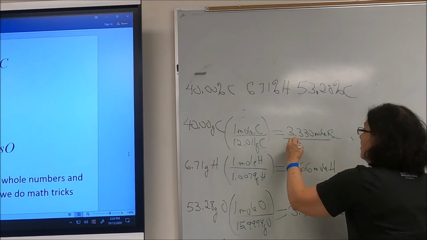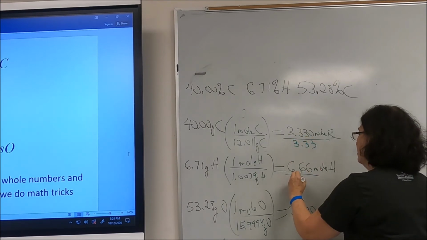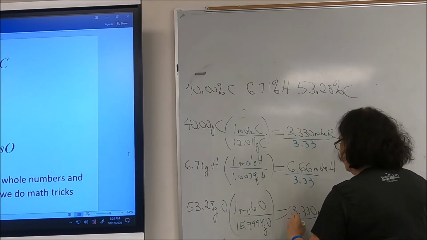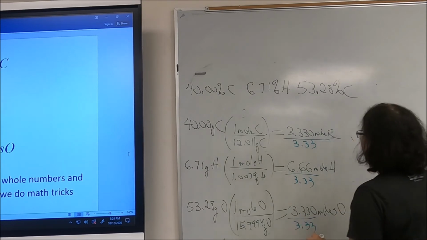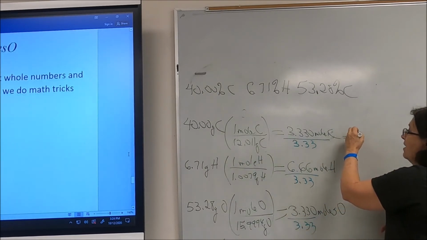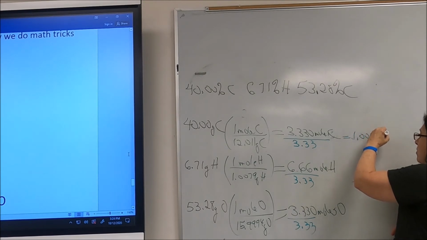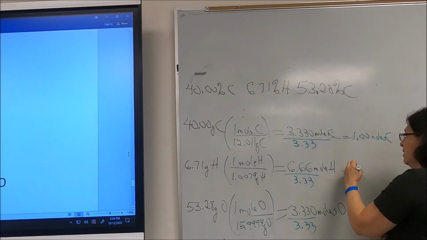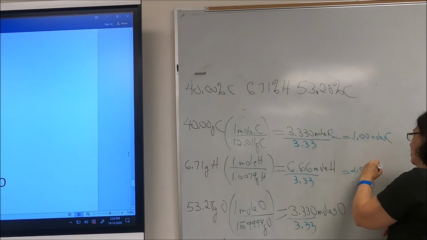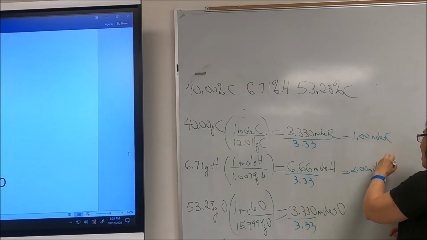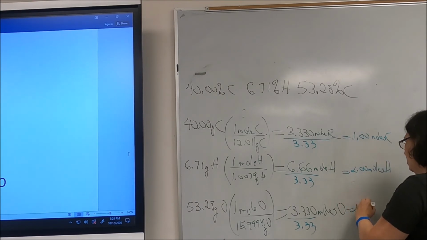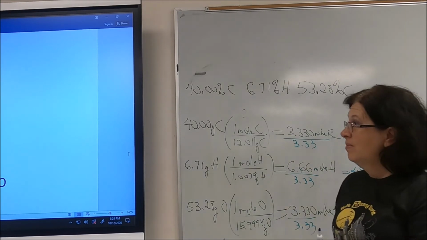So I'm going to divide everything by 3.33. When we do that, I get 1.00 moles of carbon, 2.00 moles of hydrogen, and 1.00 moles of oxygen.